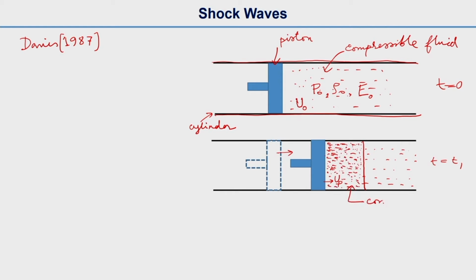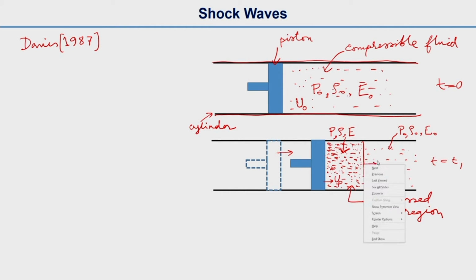So this is the compressed region, and we can write the pressure, the density, and the internal energy per unit mass for this region like this, and the other region will remain the same, P naught, rho naught, and E naught.